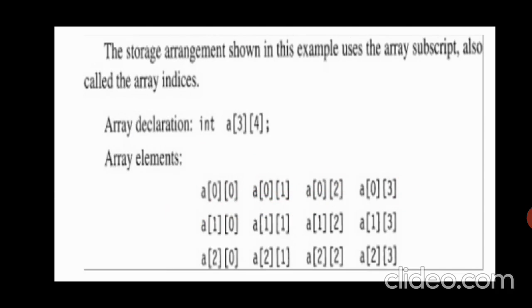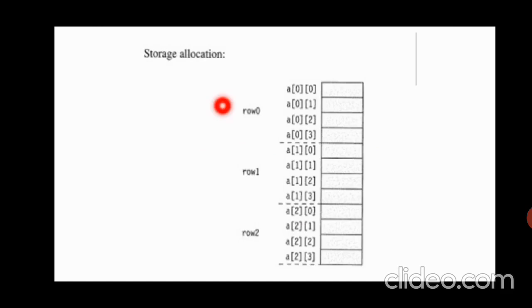In this way the array elements are arranged. Now storage allocation: in this, all the elements are stored in a single line.